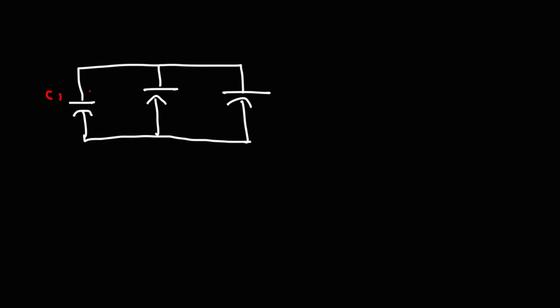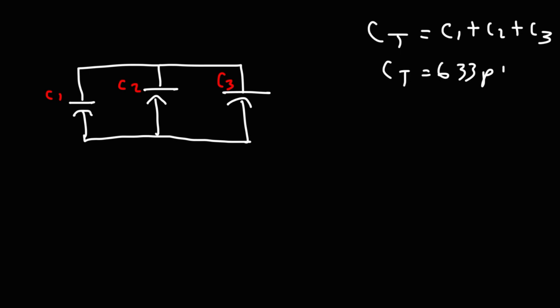So let's call this C1, C2, and C3. So CT is going to be C1 plus C2 plus C3. So we want to get an equivalent capacitance of 633 picofarads. So you need to look at the capacitors that you have and combine them in such a way that you get 633.